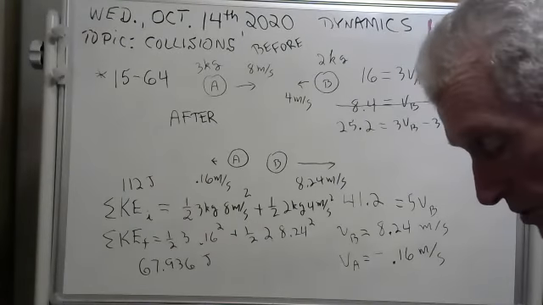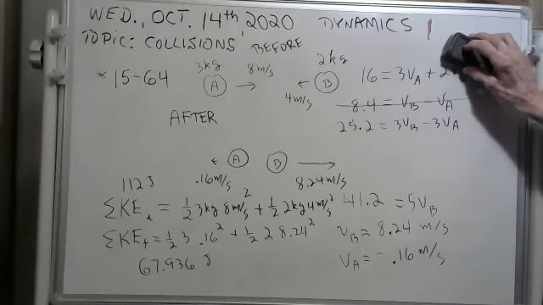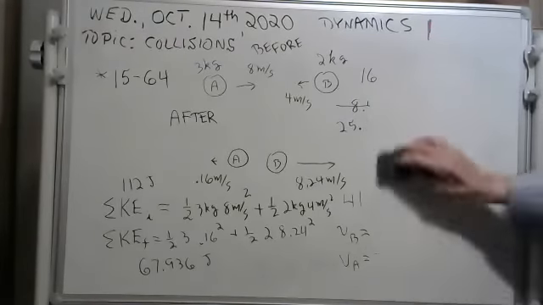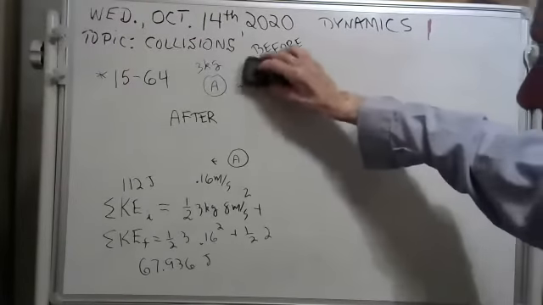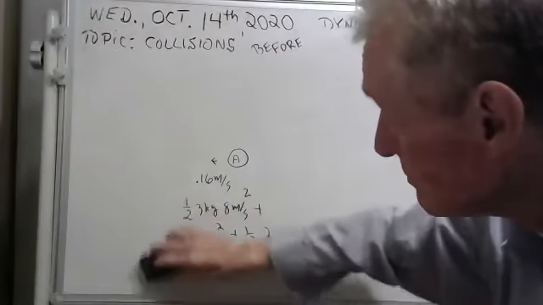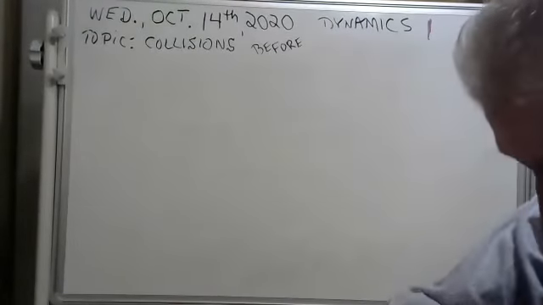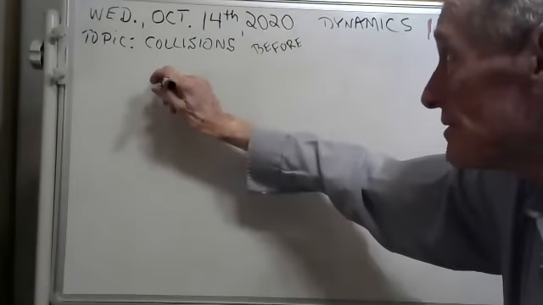Okay, well, let's show you how you can measure this coefficient of restitution. I'm going to erase all this, and we're going to talk about measuring the coefficient of restitution. We have 12 minutes. We can do a lot in 12 minutes.